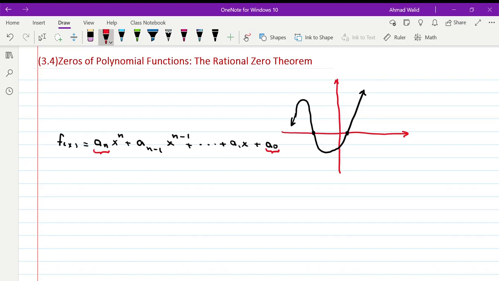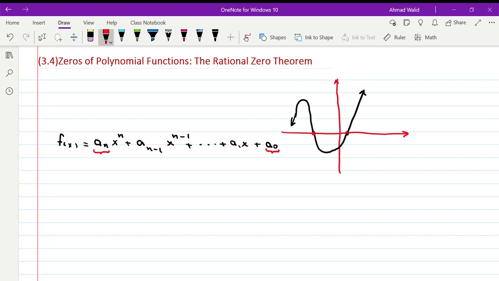When I say possible zeros, it means that when you list all those numbers, not all of them will be your zeros, but your zeros of the polynomial are definitely in that list, correct? Now, how do you find the possible zeros of a polynomial function?